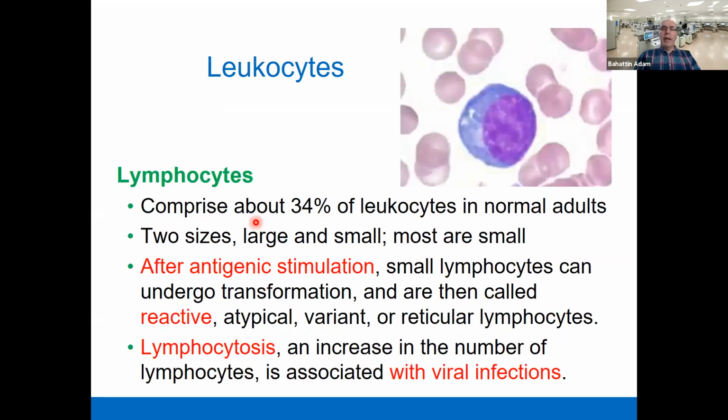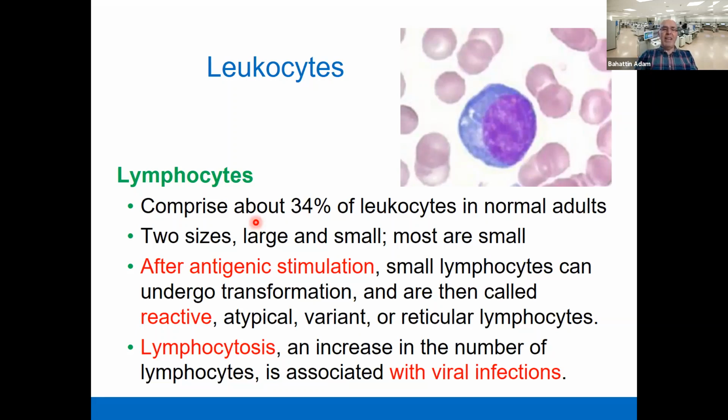Among the white blood cells, about 30% are lymphocytes. 60% neutrophils, 30% lymphocytes, and 10% the rest of the white blood cells.